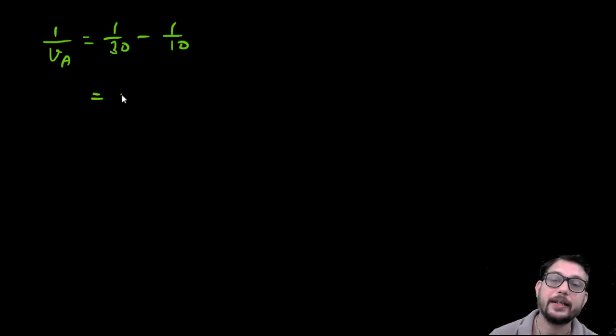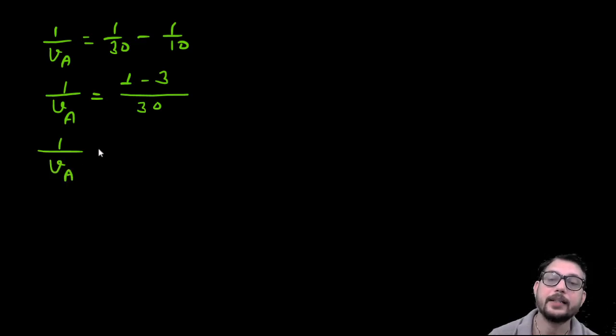Now take LCM. Let LCM be 30, so it will be 1 minus 3, or 1 upon vA, that will be minus 2 upon 30. So vA equals minus 15 centimeter.